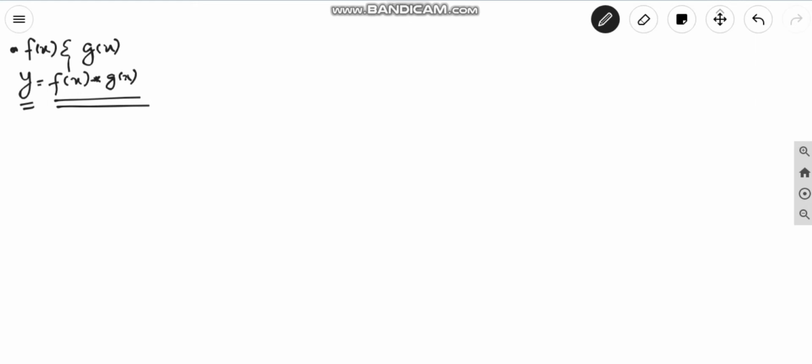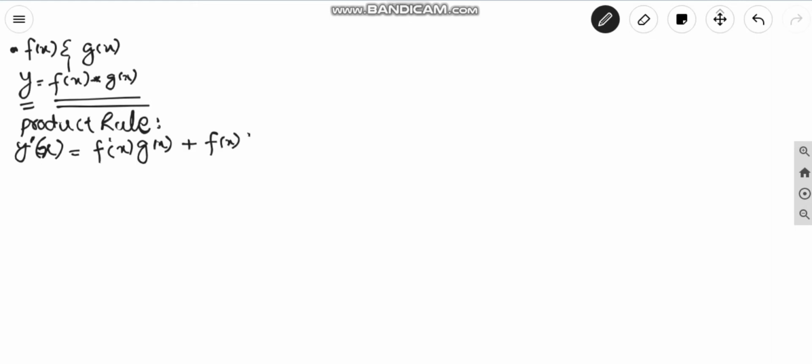We will use the product rule. This rule states that take the derivative of the first function and the second function will remain as it is, plus the first function will remain as it is, and take the derivative of the second function.